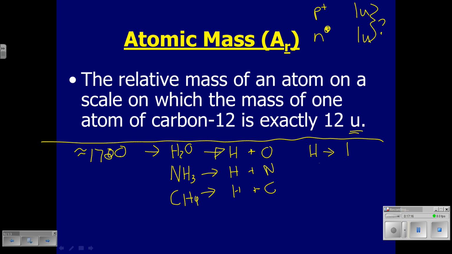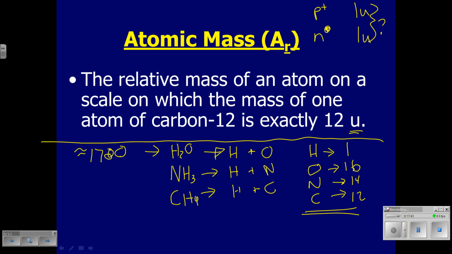And they soon discovered and predicted that hydrogen must be the smallest atom of all. And other atoms then were given different rankings with respect to that. Things like oxygen would have been given a number of about 16, nitrogen about 14, and carbon about 12.